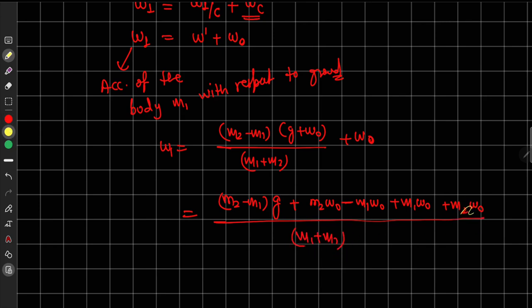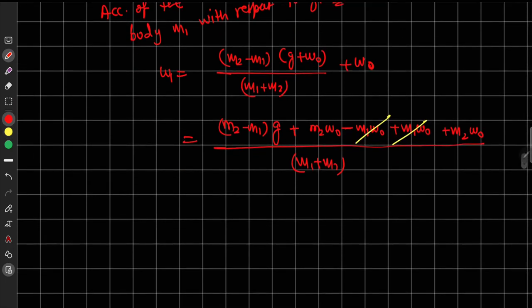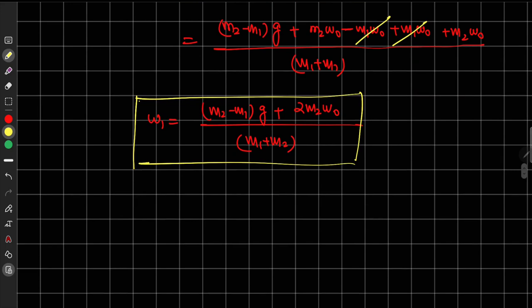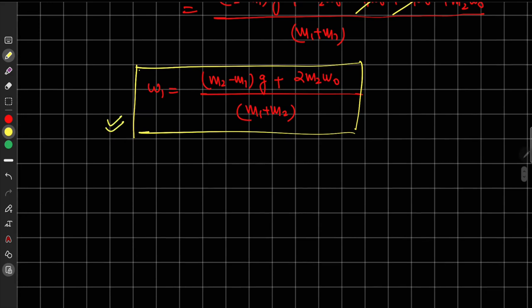So here this m1 w0 will get cancelled, and finally we will get w1 is equal to (m2 minus m1) into g plus 2 times m2 w0, whole divided by m1 plus m2. So this is the expression of acceleration we got in the ground frame of reference or with respect to the elevator shaft.